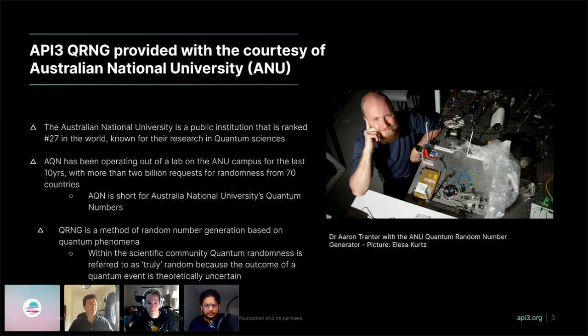Within the scientific community, it is a quantumly generated random number or color, or whatever you want to request. It's referred to as a true random number because the outcome of a quantum event is known to be the most uncertain thing that's possible within the world of physics, which I'm not a physicist, so if Aaron was here, we'd dive into that with a lot more detail.